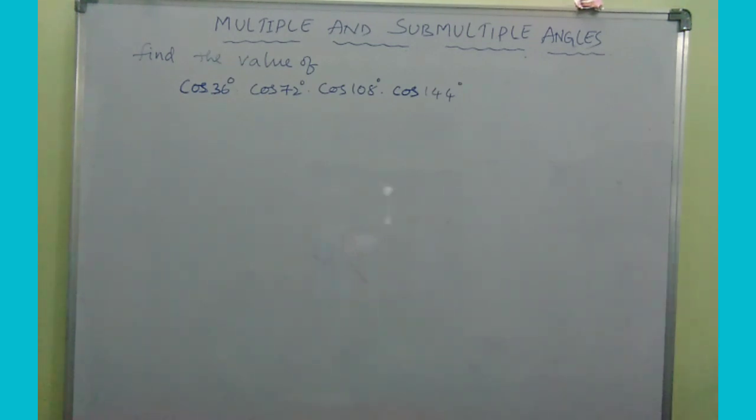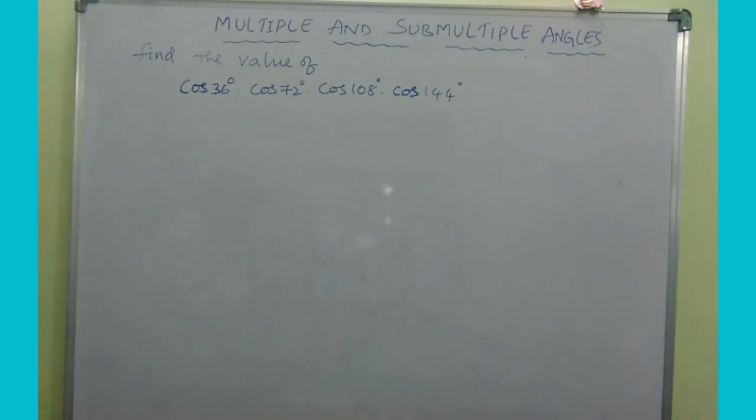So coming to the next question, find the value of cos 36 degrees into cos 72 degrees into cos 108 degrees into cos 144 degrees.